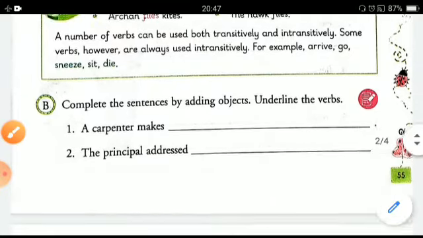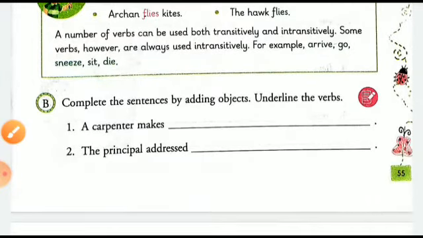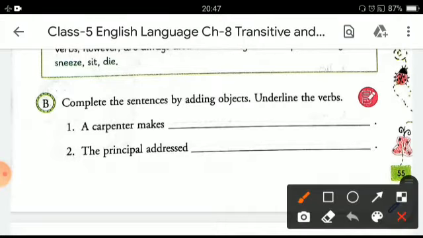Now come to the next exercise, that is complete the sentence by adding an object, and we need to underline the verbs too. The first one is a carpenter makes. Now you have to add a suitable object to make the sentence complete. A carpenter makes wooden articles or furniture.